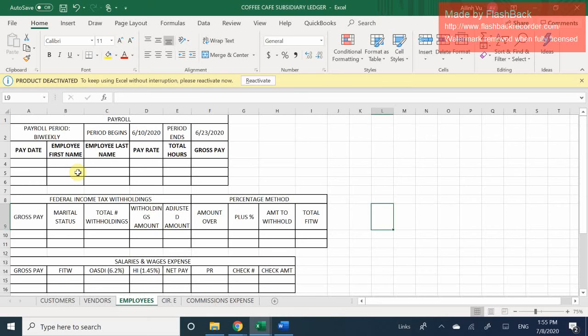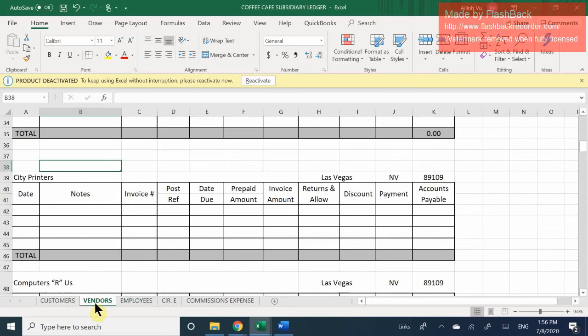For payroll, I don't believe I introduced it yet, so you might only have your list of customers and your vendors. Payroll or employees will come next week. That one's just an additional 2 pages, so don't worry about that for now. But for this one, it's going to be your customers and your vendors.